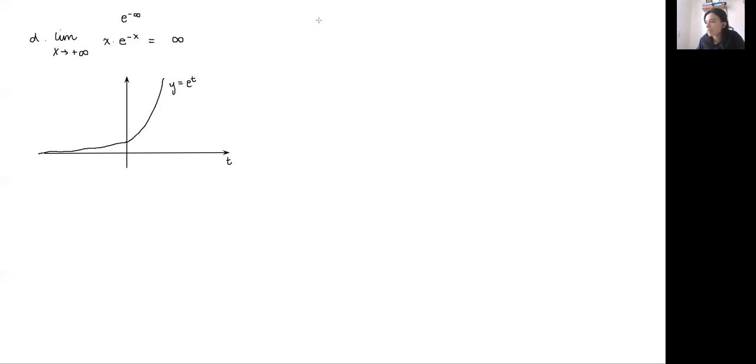If I look at the limit of the exponential as the argument goes to minus infinity, this function is going to get closer and closer to 0. Right, and so this is times 0. Can I see a show of hands for those of you who understand this?